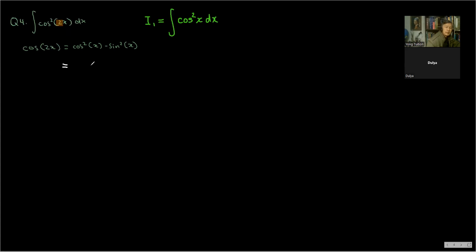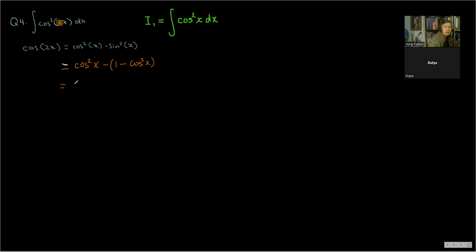If you want to keep the cosine square x, then this will become 1 take away cosine square.